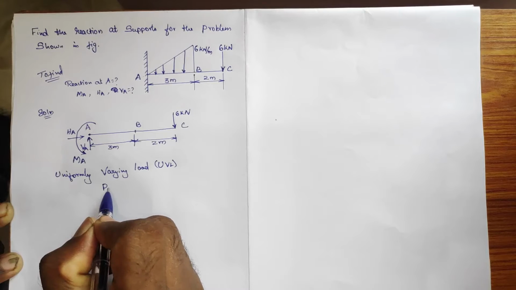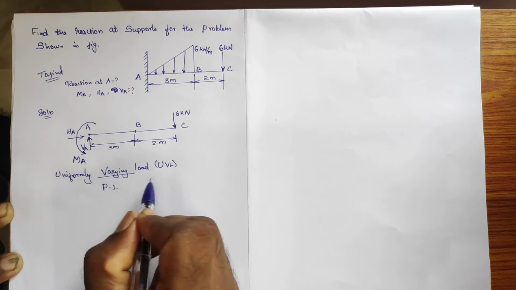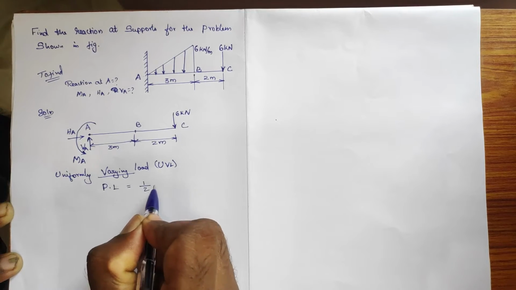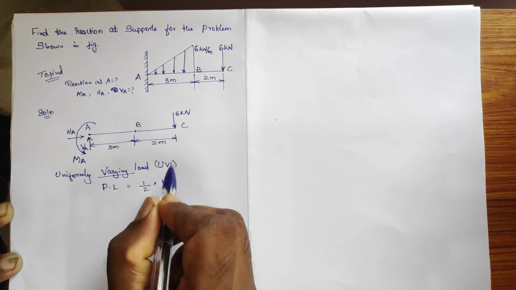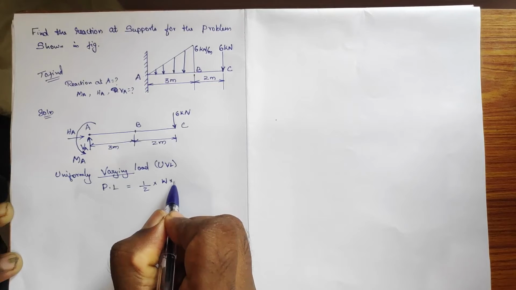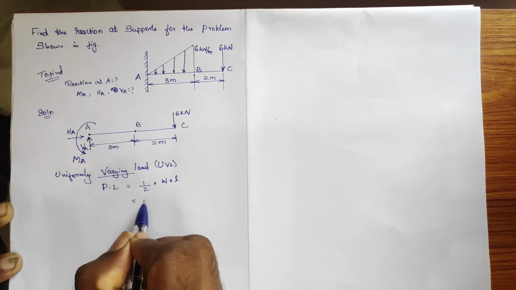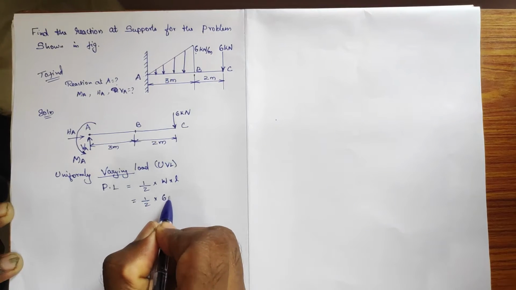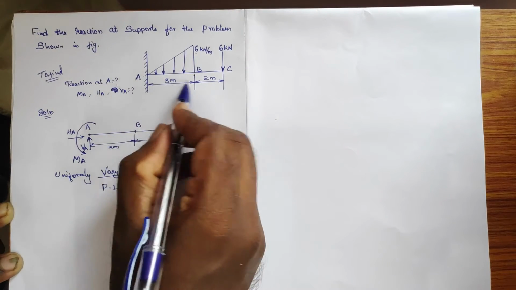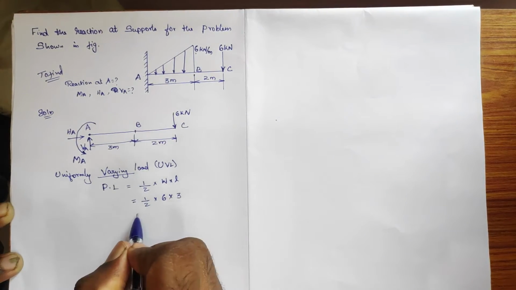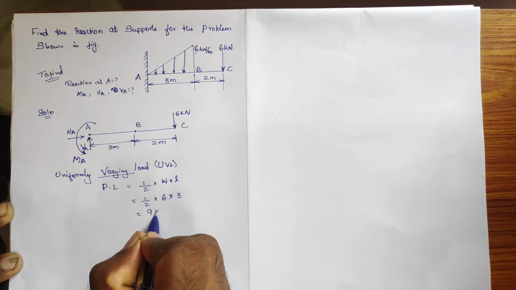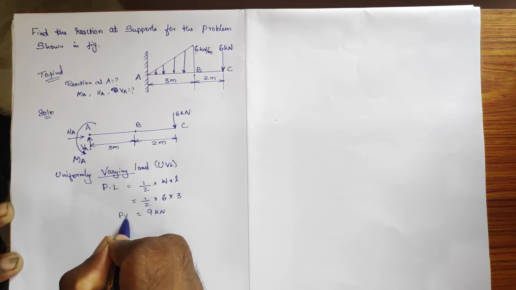To convert this UVL into a point load, the formula is 1 by 2 into the intensity of load W and its length. So we get 1 by 2 into the intensity of load, which is 6, into its length, how long it is spread, which is 3 meter. So you will get 9 kilonewton as a point load.